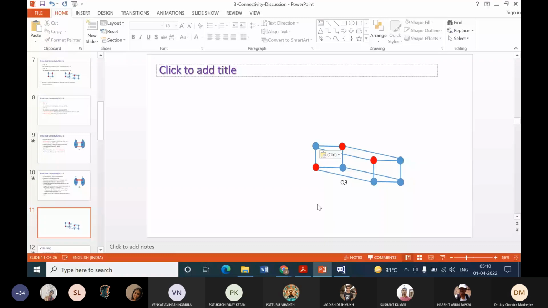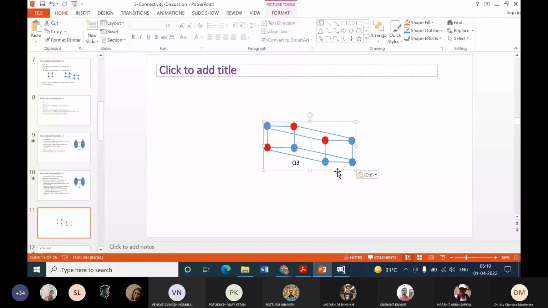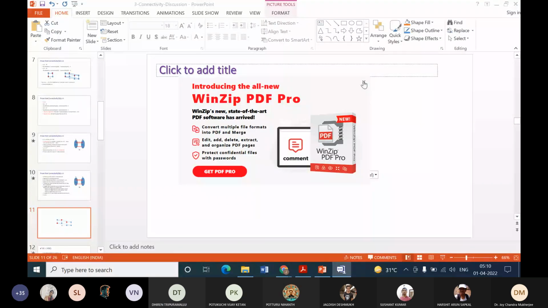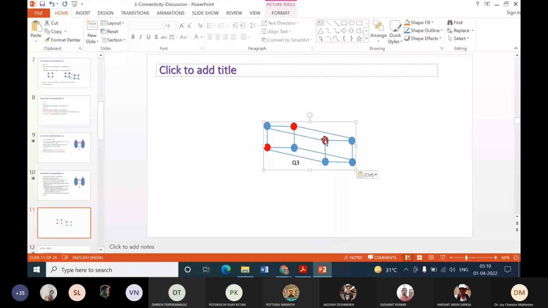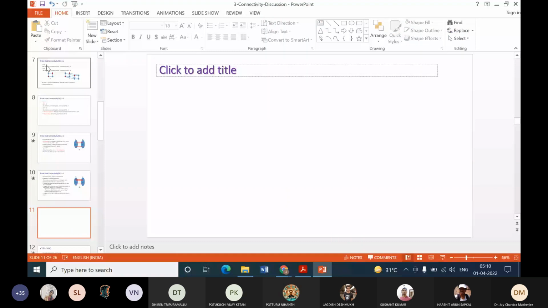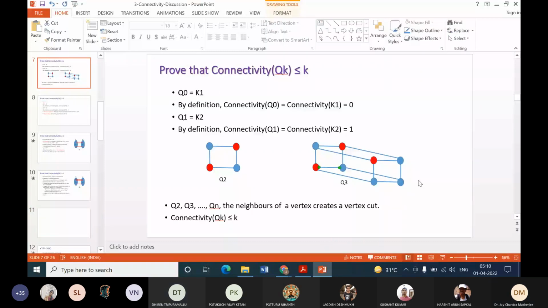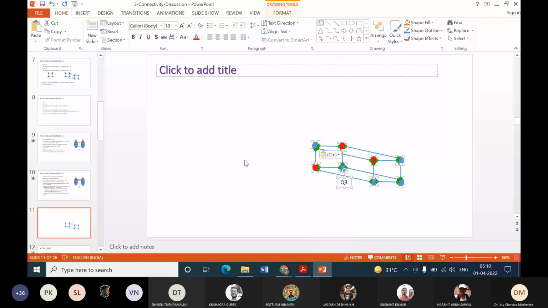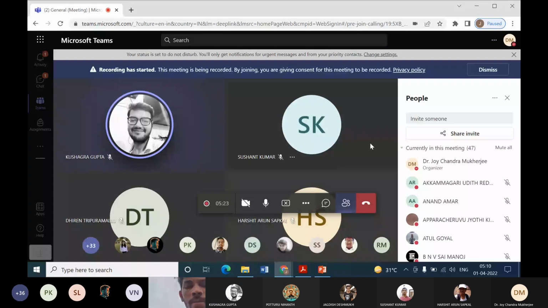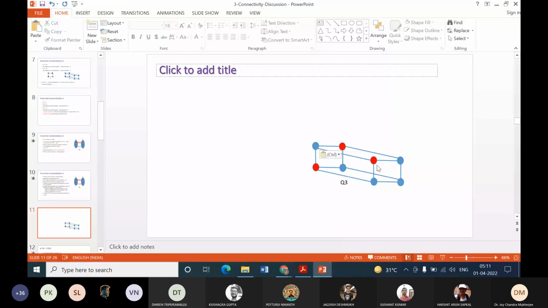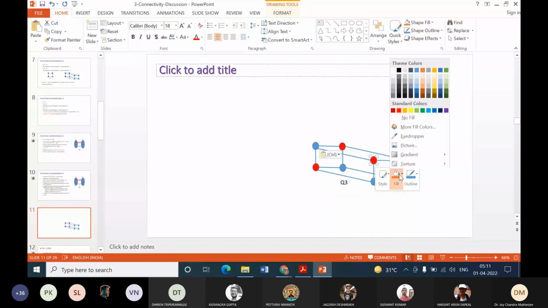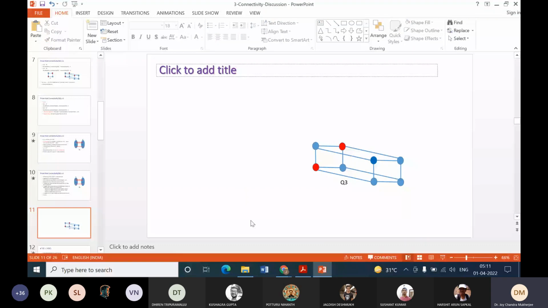Basically, Q3 is composed of two Q2s, right?